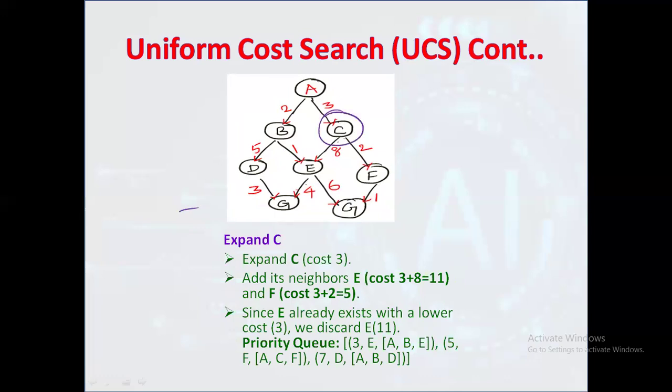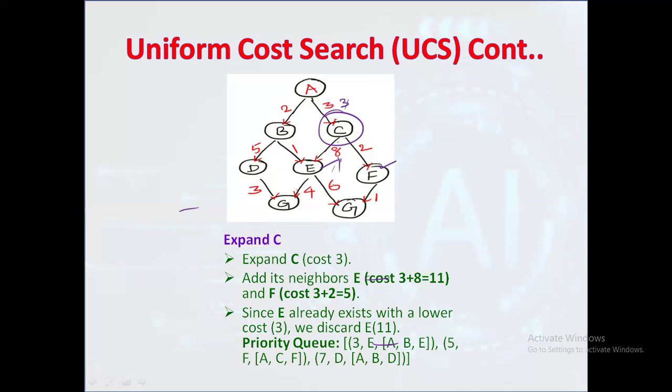Expanding C: the cost is 3, the least cost node in the priority queue. Expanding C adds its neighbors E and F, E with the cost 8 and F with the cost 2. The cost to reach E is 3 plus 8, which is 11.